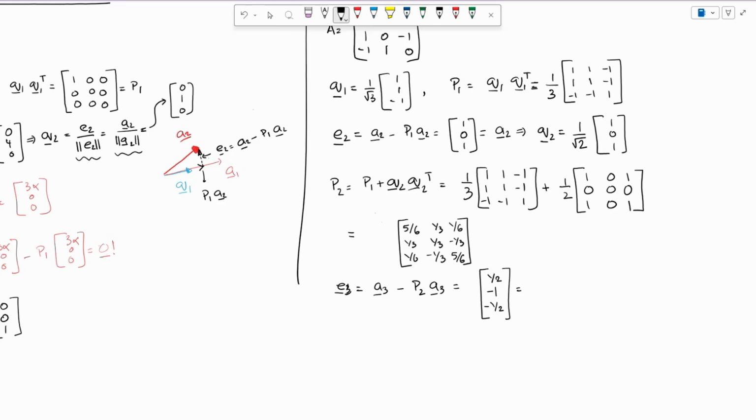What can we say then? All we can say is it's not orthogonal to the plane spanned by A1 and A2. But A2 was of course orthogonal to the line spanned by A1. From this, we should be able to find out Q3.